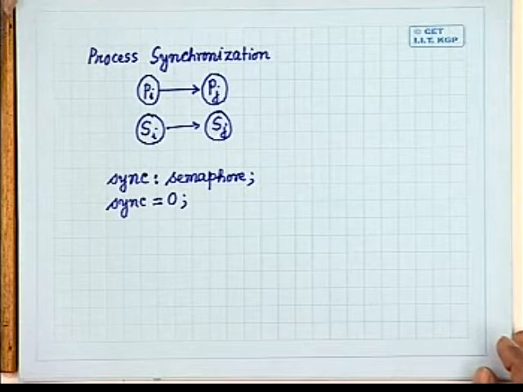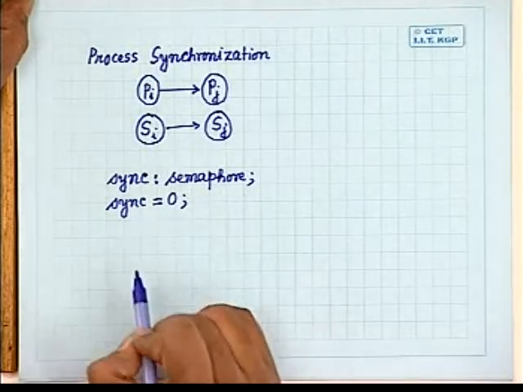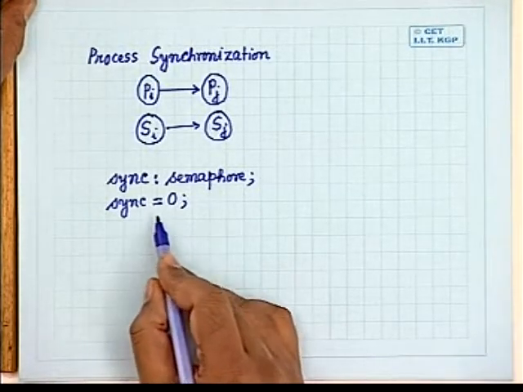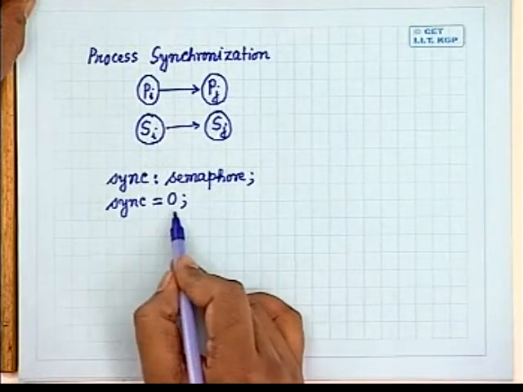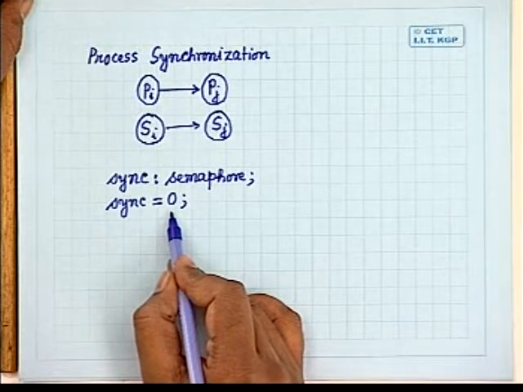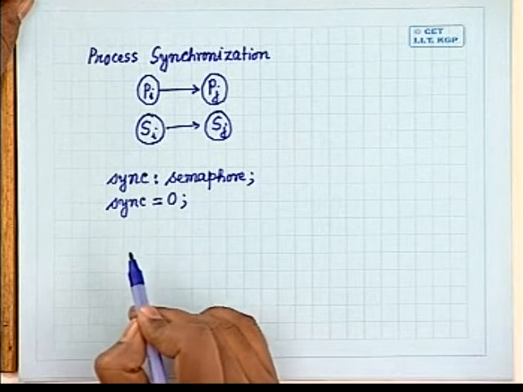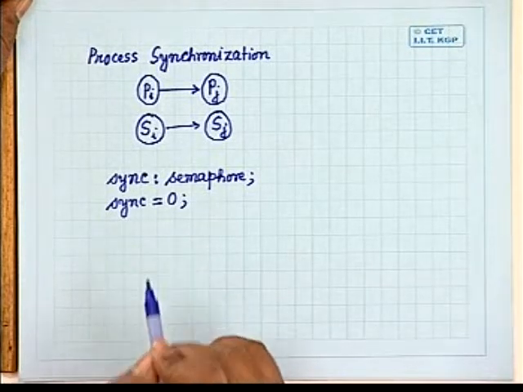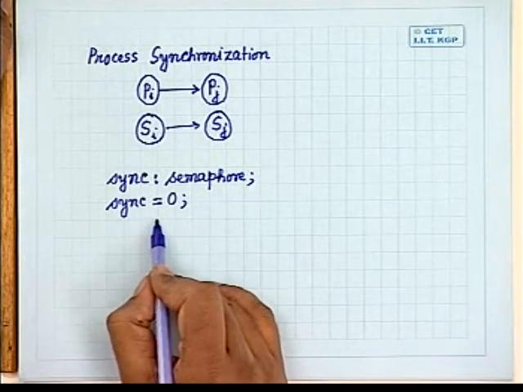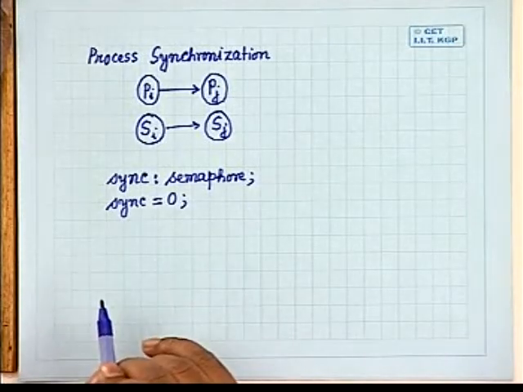Then our statements can be something like this: because sync is initially 0, and we have said that the P operation will put the process in a while loop as long as the value of the semaphore variable is less than or equal to 0.